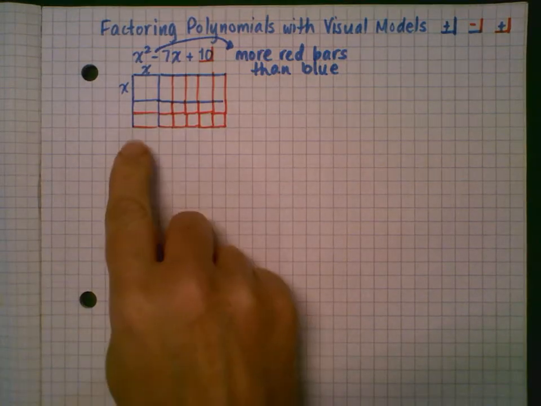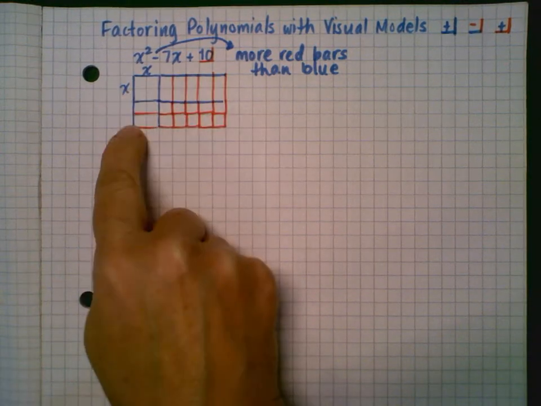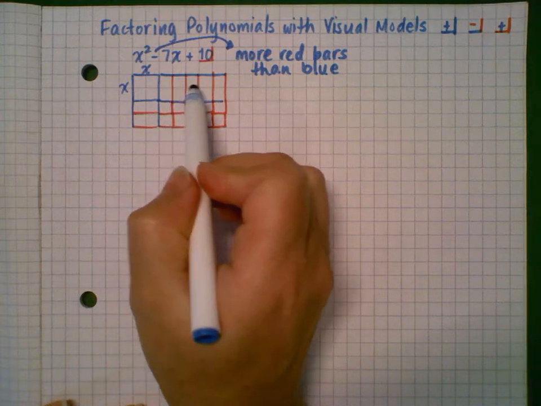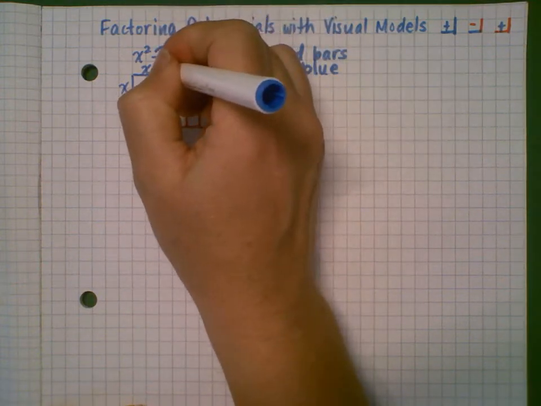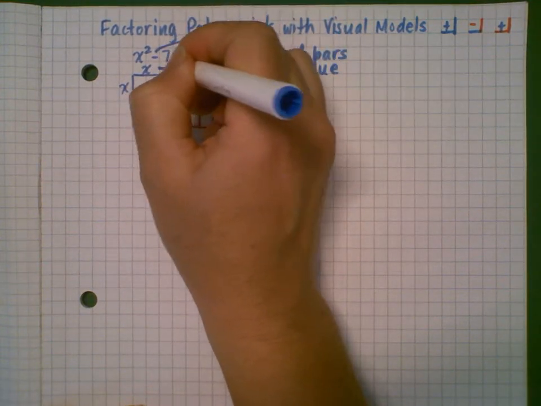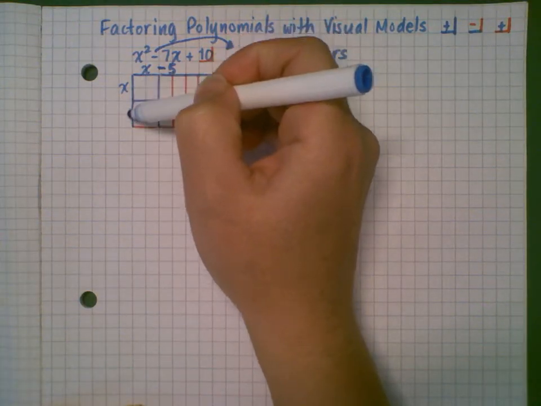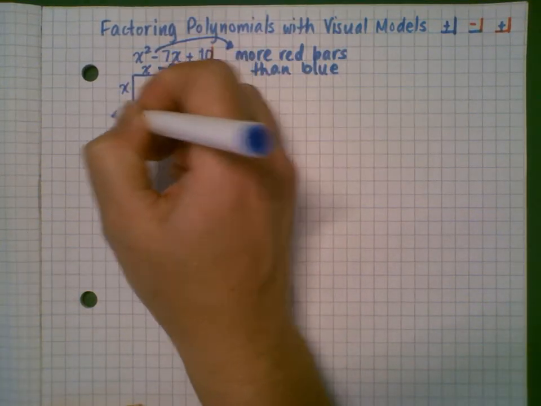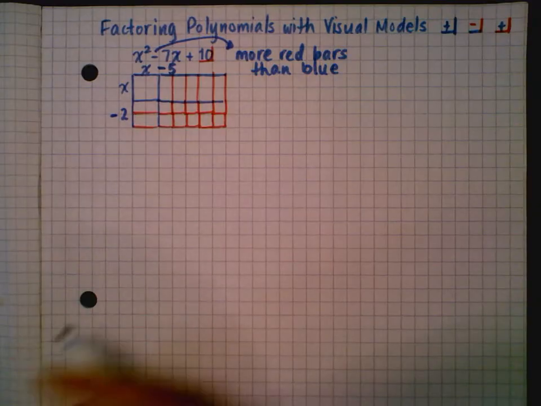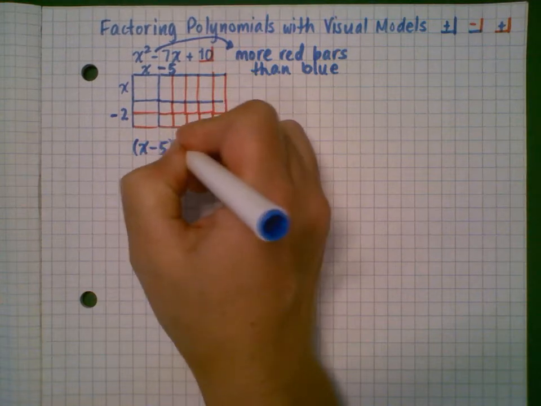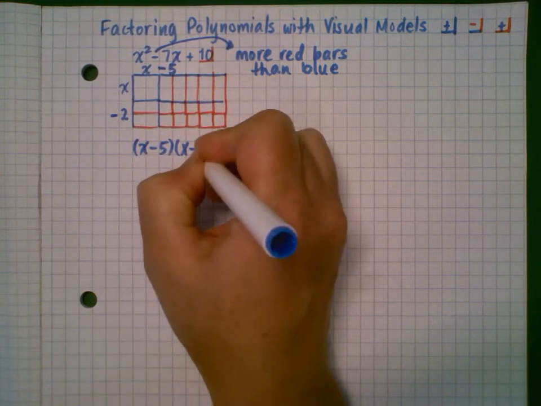And the result of that is I can see the dimensions of this rectangle that I've just completed are x, and I've got 5 negative bars, so that's minus 5. And the height of this rectangle is x and 2 negative bars. So the factored form is x minus 5, x minus 2.